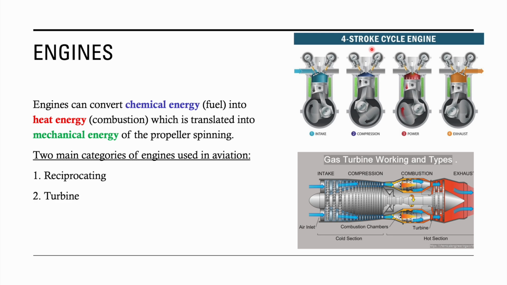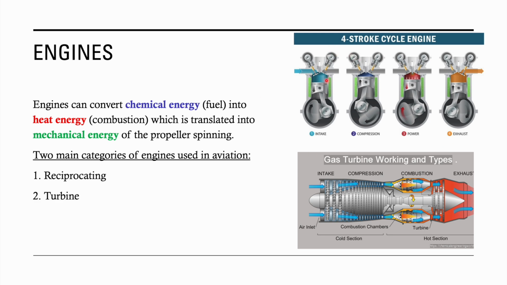If you go on to get your commercial certificate, you may be expected to understand a little bit more about the turbine engine, but really anytime you apply for a certificate or you're studying for something, it's really based off of what aircraft you're going to be flying. They're not going to ask you, well, how does a helicopter fly? It doesn't apply to you, it doesn't matter. So since we use a reciprocating engine, that's what we'll talk about.